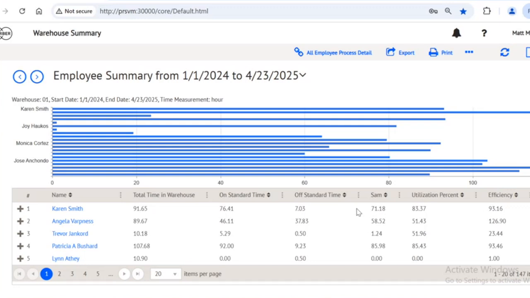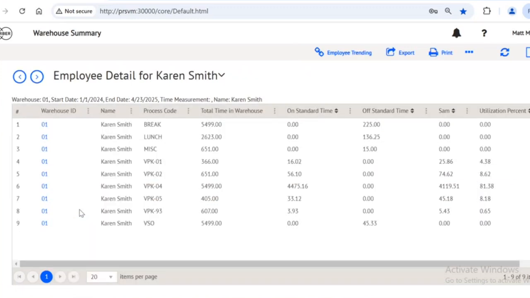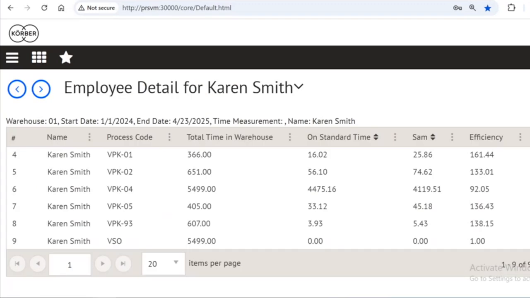I can drill in further to see what processes this employee is undergoing as part of their workday. And I can see that they're spending a lot of time in voice picking and specifically a lot of time in the O4 picking zone. We can drill in further to see what processes our resources are using and where they're spending their time during their workday.